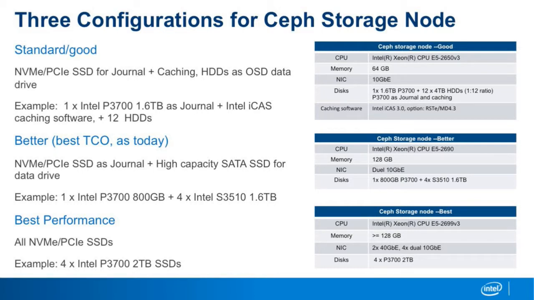The reason is that one NVMe SSD is equivalent to 4 to 5 SATA SSDs. In this way, neither your journal nor the SATA SSDs will be the limit of performance. So we think that's the right ratio. I have data for that. And then the last one is all NVMe. It's the best, with the best performance based on current technology.